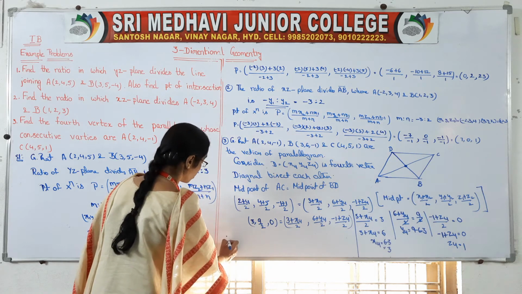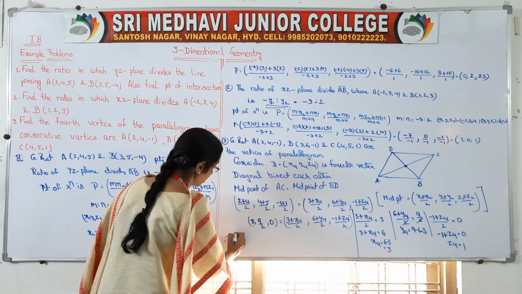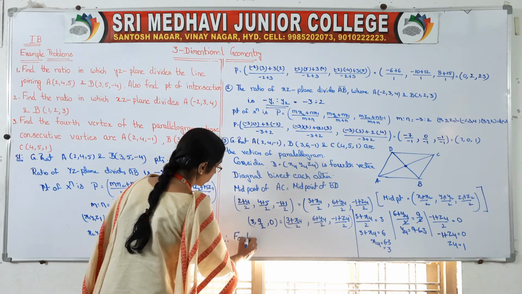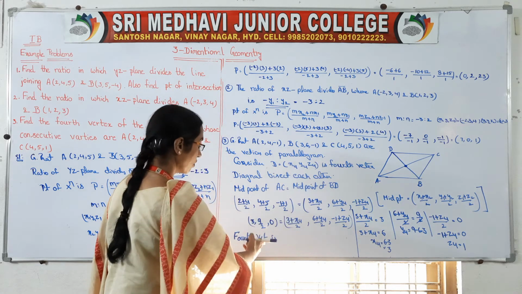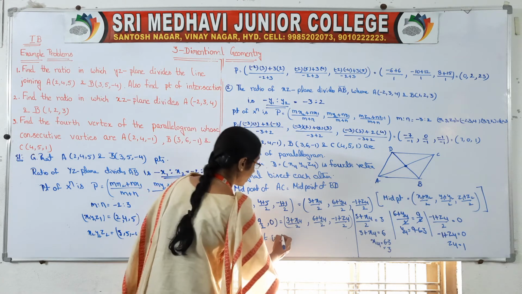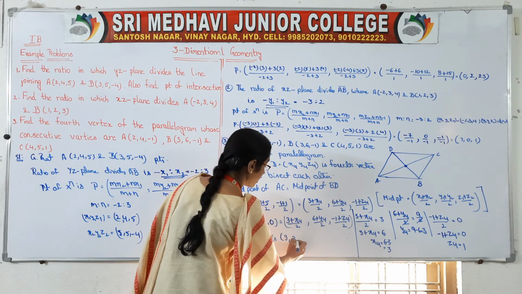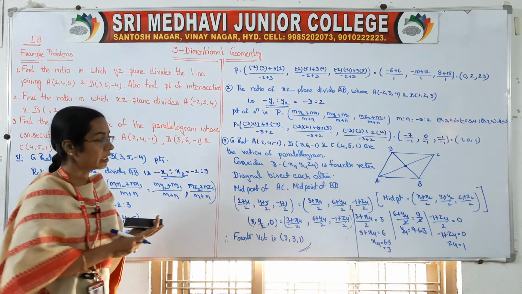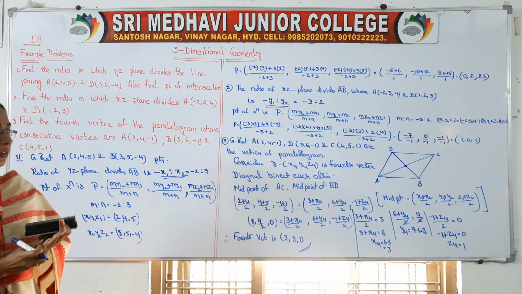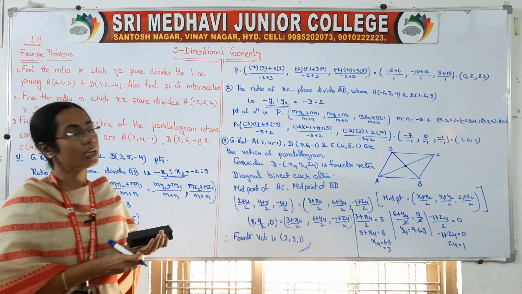Therefore, the fourth vertex is 3, 3, 1. That is the answer. Okay. So be careful while taking the plus and minus values.